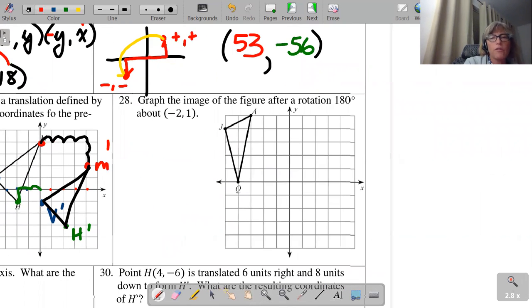Graph an image after rotating 180. When you do something 180, you just flip both signs. But we're rotating about negative 2, 1. So this is where you have to subtract, then rotate, and then add back. So first we get our 3 points.